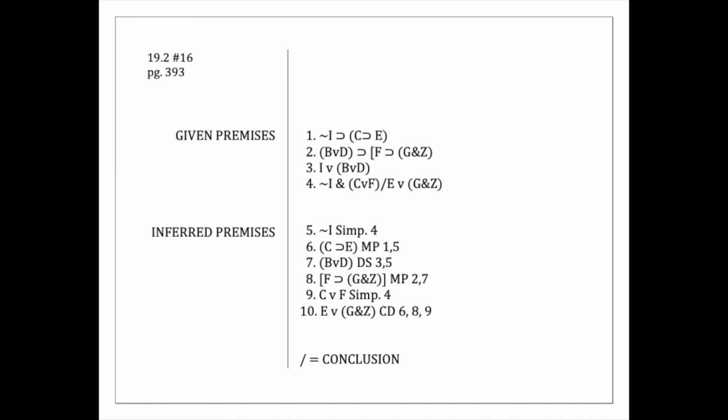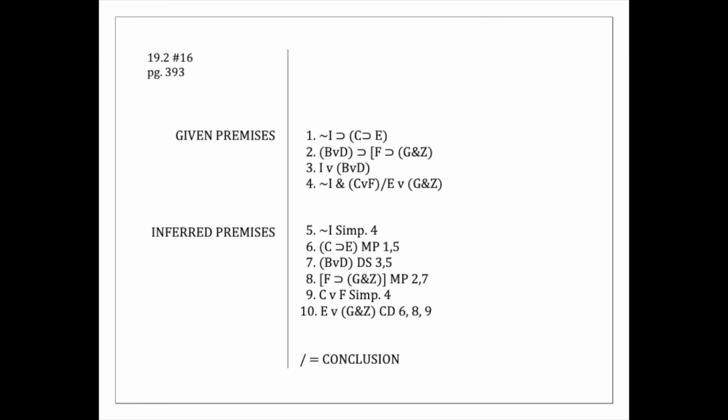Once you have inferred premise 8, go ahead and simplify the conjunction of premise 4 in another way and get that disjunction by itself, the second conjunct, C or F. Once you have inferred the disjunction, C or F, you'll notice that you'll have the 3 elements needed to perform the constructive dilemma rule.